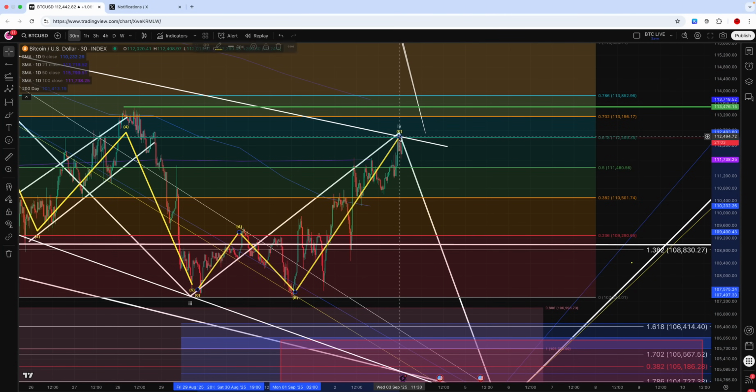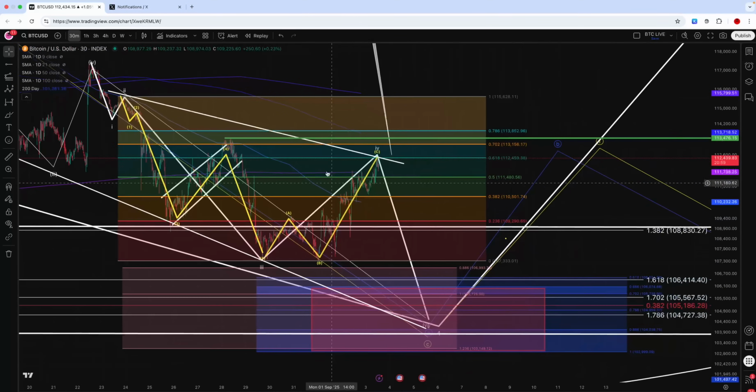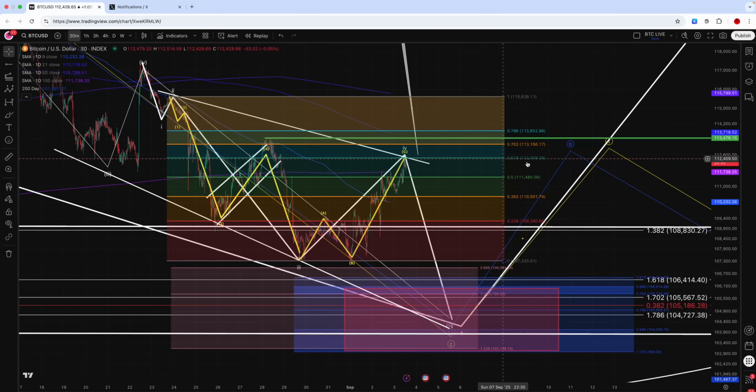Now, in order to negate this projected downside movement, I would like to see a daily close above 112,459 and a push above this swing high over here at 113,476, just in between the 702 and the 786.